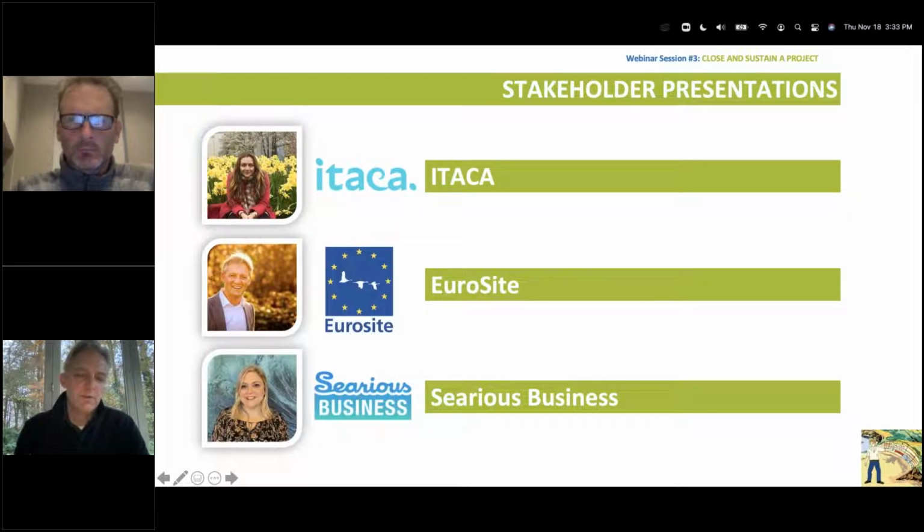We have the regular ones. For example, LIFE is a very well-known funding scheme for nature conservation. Eurosite also has a LIFE operating grant, which means that for our operating duties, just as an organization, we get money from the EU because the EU thinks that certain organizations are of relevance to be able to implement and to achieve their policy objectives.